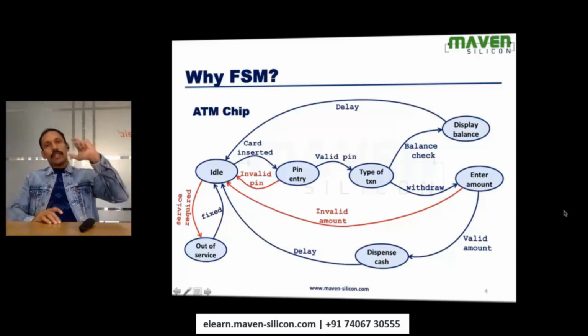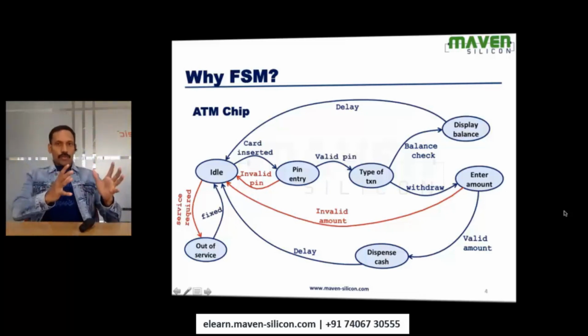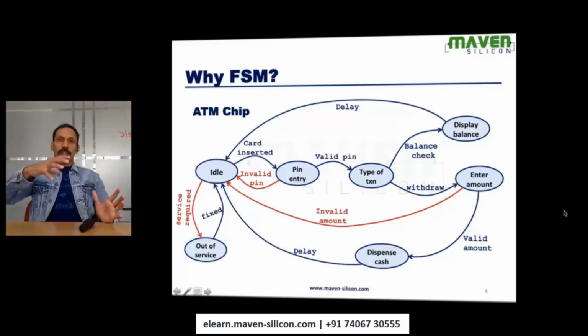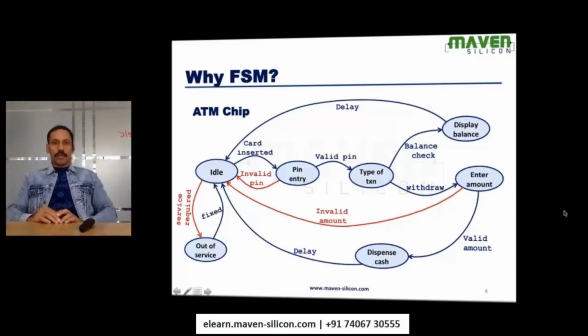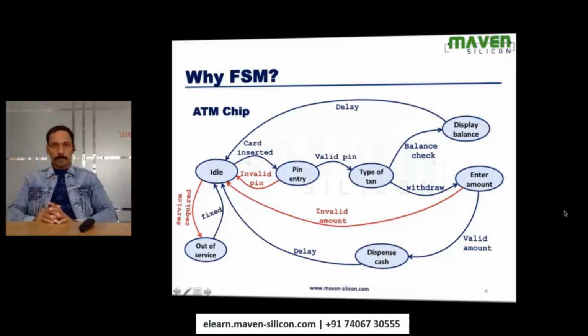Once you understand this coding style, then you would be able to define any kind of FSM easily in Verilog. Now what happens is, we write the source code and then we use a synthesizer to generate the logic circuit.